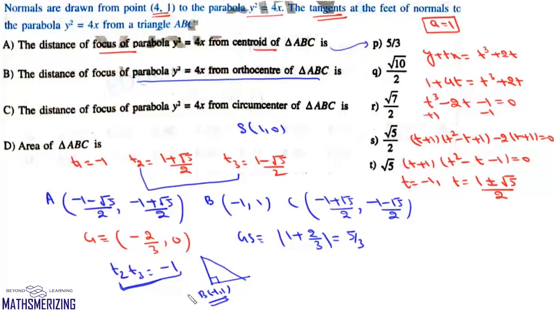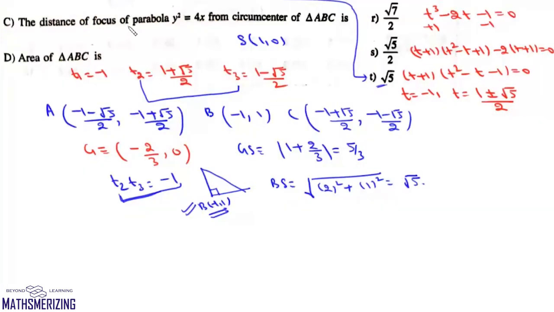So the orthocenter of this triangle is at (minus 1, 1). So the distance of the focus from the orthocenter will be simply BS, which is the square root of 2 squared plus 1 squared, so it will be simply root 5. That's your option D.